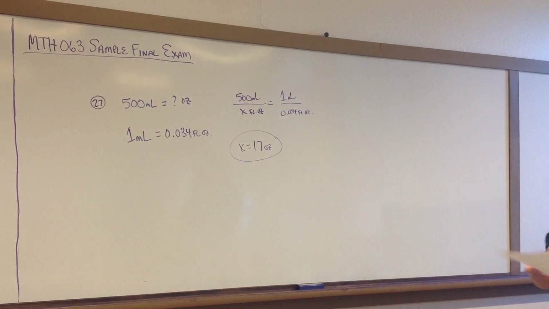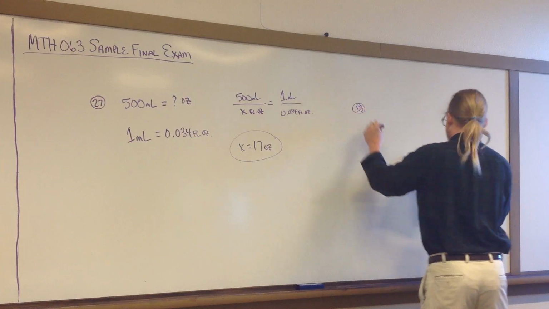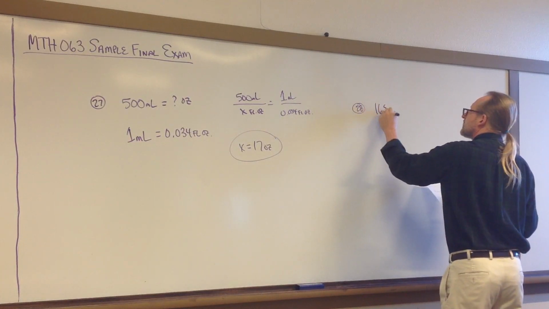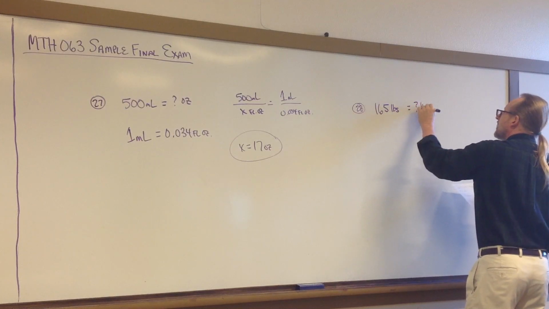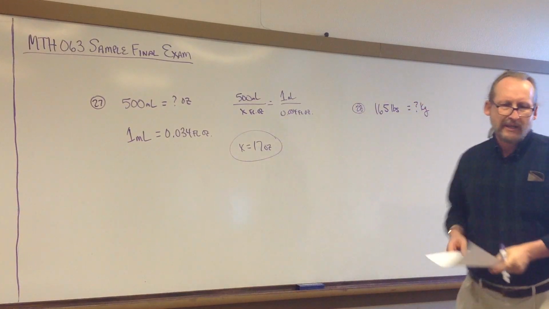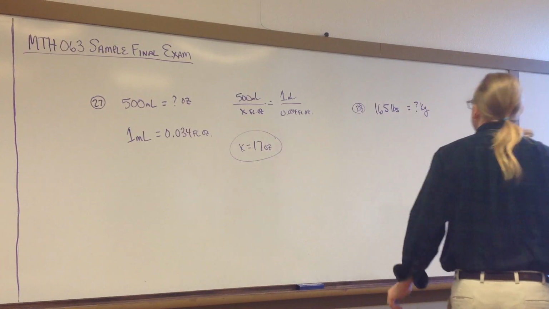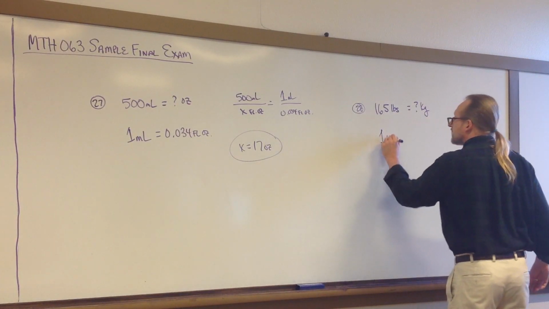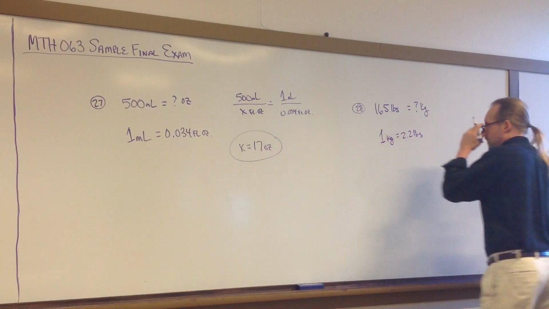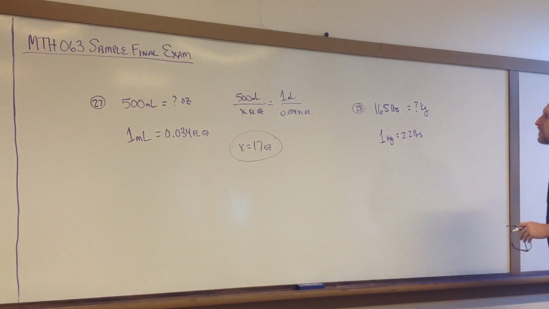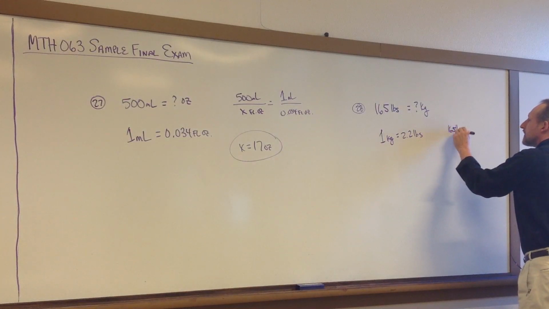Okay, next one. Problem 28. 165 pounds is how many kilograms? If we know that 1 kilogram is 2.2 pounds, let's see, I would divide here. Let's set it up and take a look.